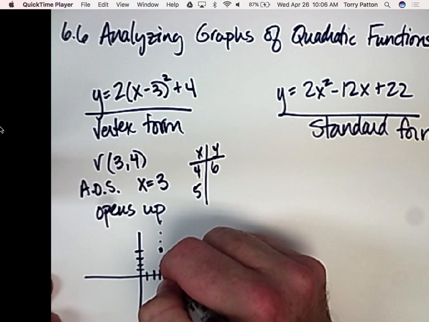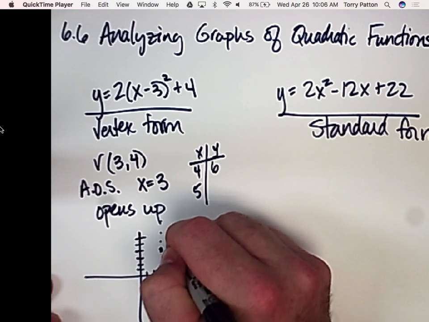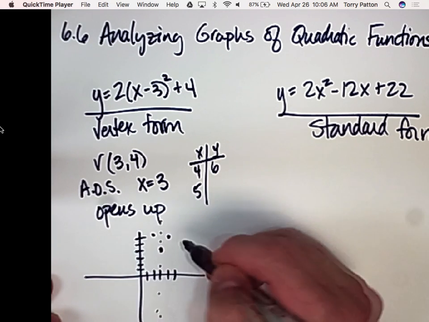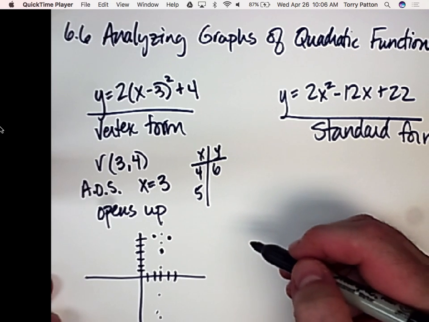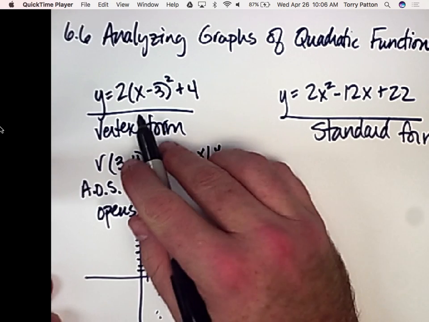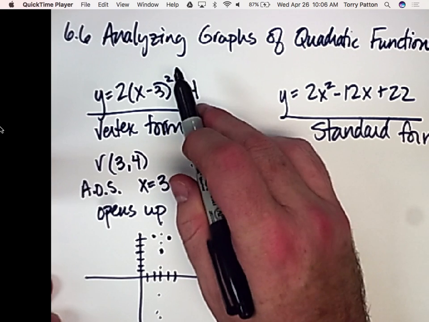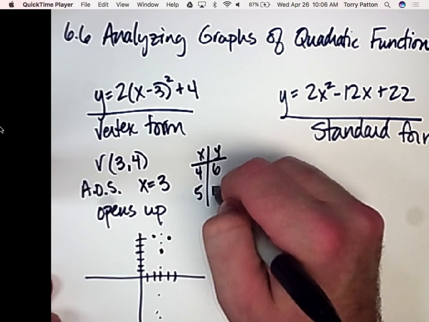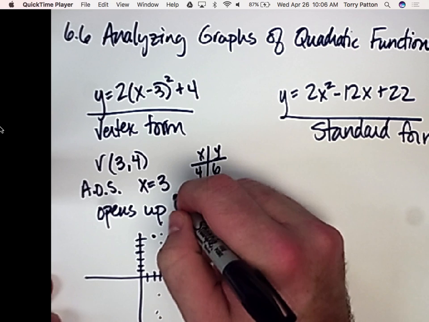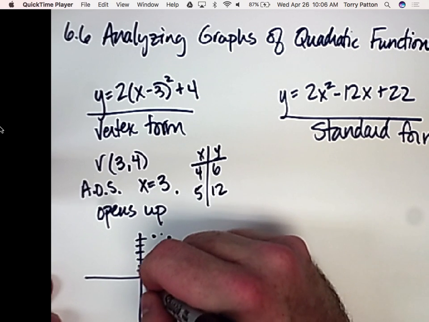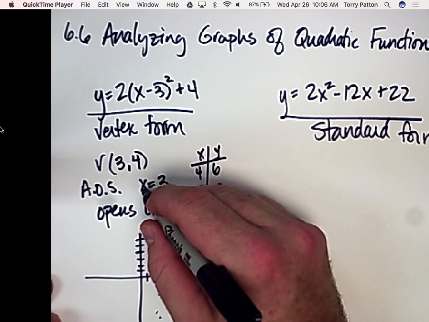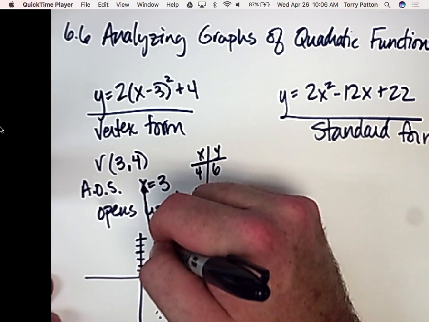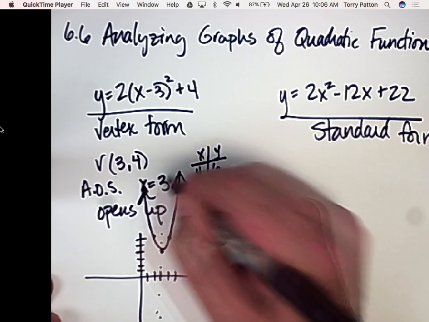So at 4, it is 6, which means here it's 6, because they're symmetric. 5 minus 3 is 2, 2 squared is 4, 4 times 2 is 8, 8 plus 4 is 12. So that's way up here, which means at 1, it's way up here. That would be your parabola.